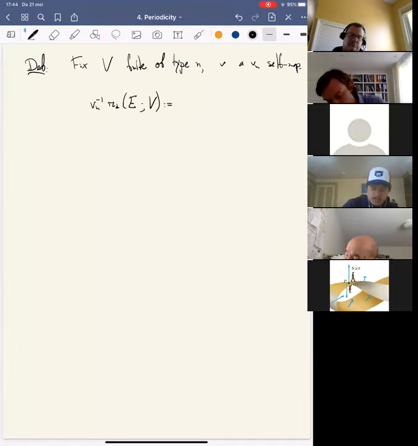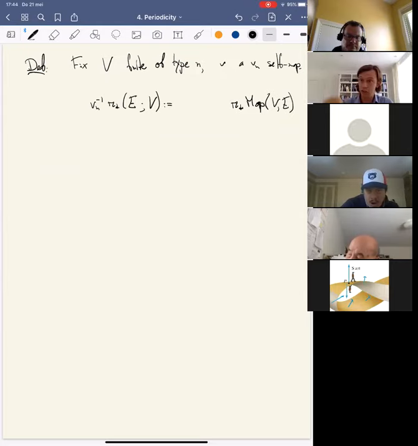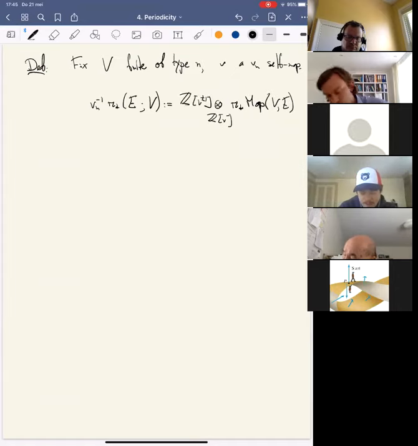I can take the function spectrum or the space of maps, it doesn't really matter, from V to E and take its homotopy groups. And now the point is, this little v will act by precomposition on the homotopy groups of this space. So again, the ring Z[v] acts on this, and I can invert that action, like so.